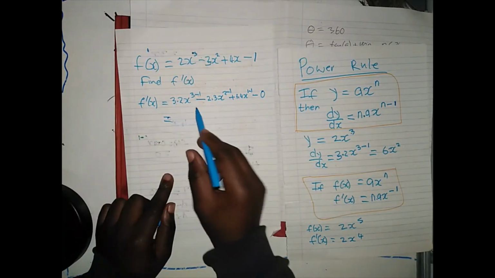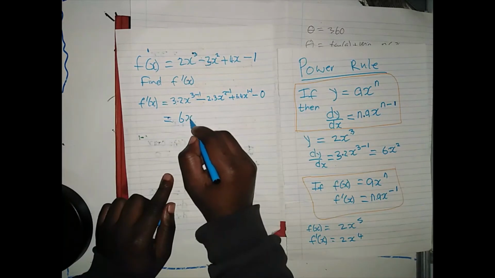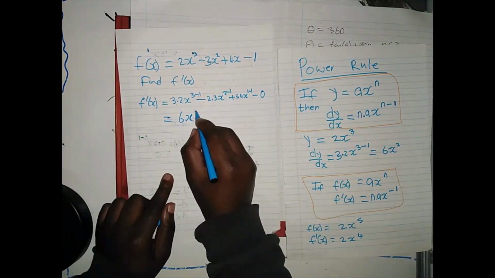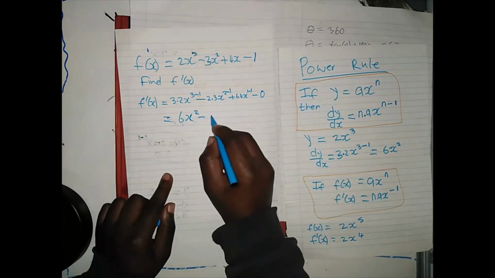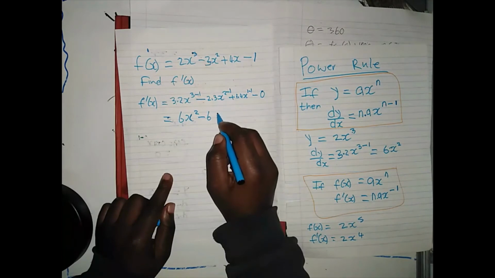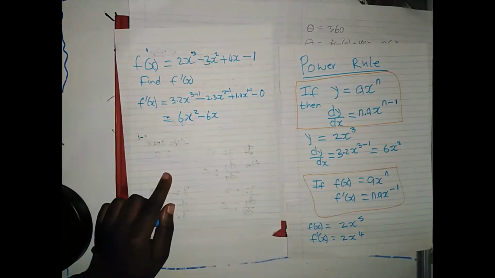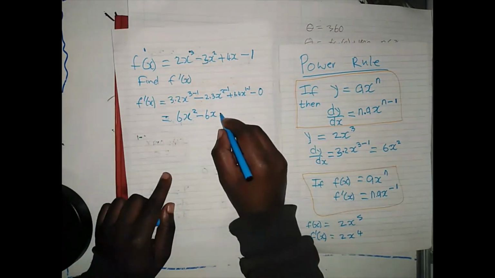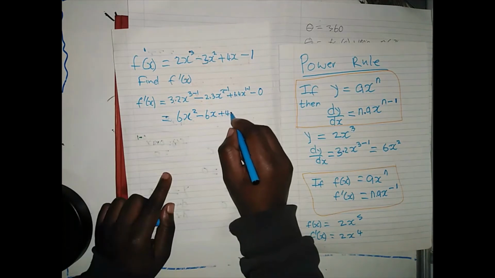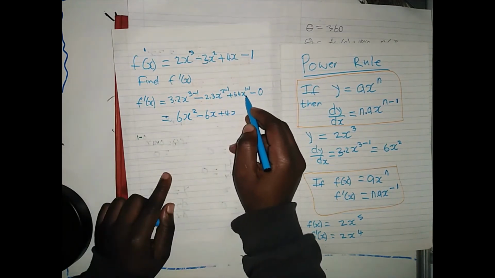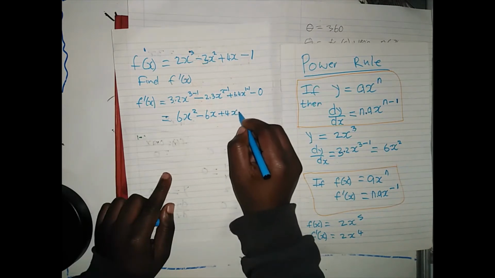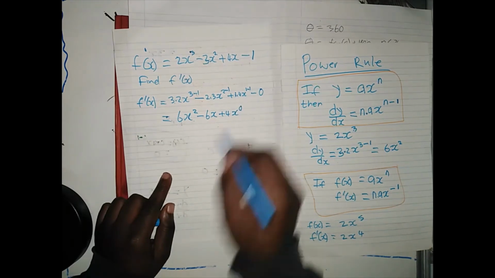So from here, 3 times 2, you've got 6x, and then to the power, 3 minus 1 is 2. And then minus 2 times 3 is 6, and then 2 minus 1, so you put x and leave it like this. And then 1 times 4 is going to be plus 4, and then you've got x, which is to the power 0.